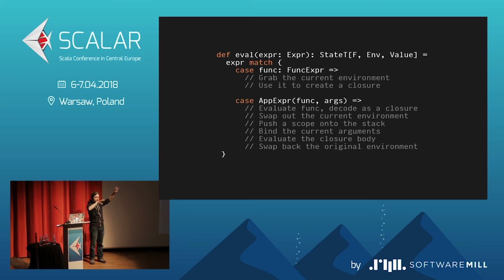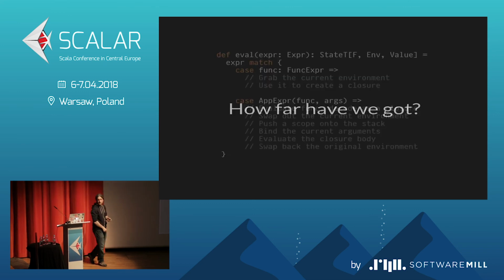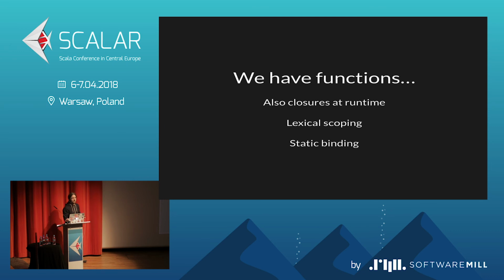So we can bind the parameters, evaluate the function body, and then just before we return, we swap back to the original environment, which moves us back from where we defined the function to where we're calling it. And there we go. That's line for line, one line of comment to one line of Scala code. That is how we'd implement that. And that gives us functions.